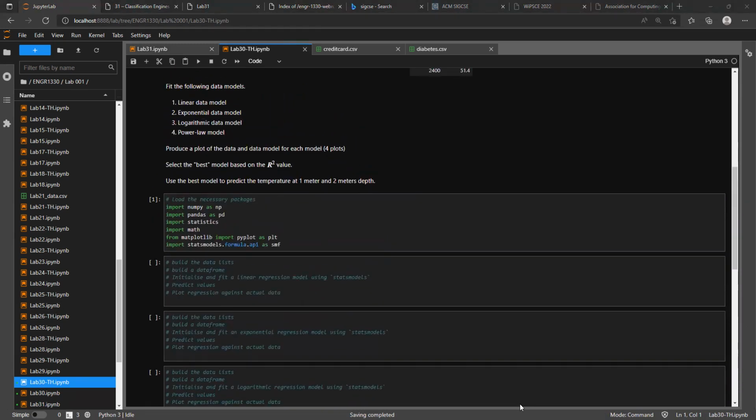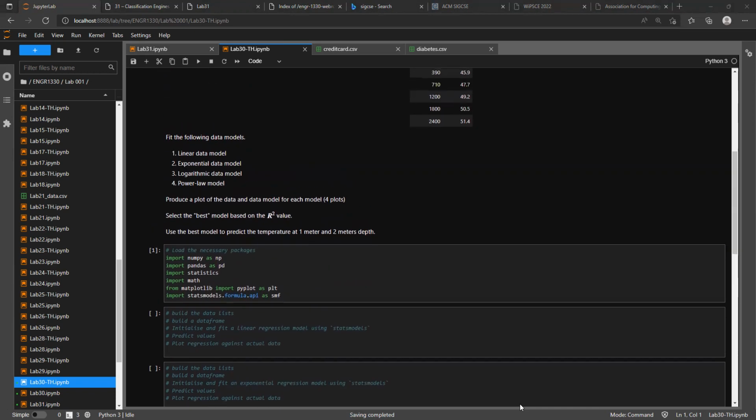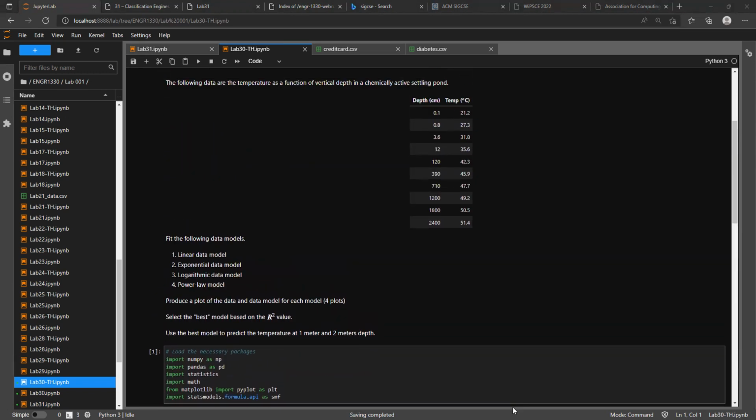Use the exponential model for some of the data. We cannot get the values because it's too big. What's too big? Oh, I see.